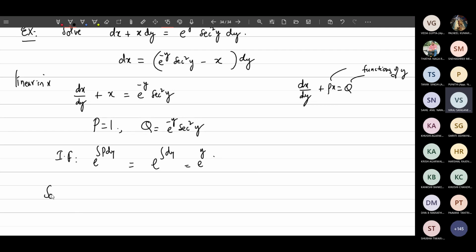And the solution is x e to the power of integral p dy, that means e to the power of y, equal to, I will write the formula again: x e to the power of integral p dy equal to integral q e to the power of integral p dy dy plus c.